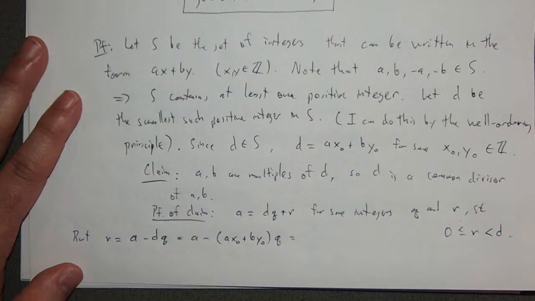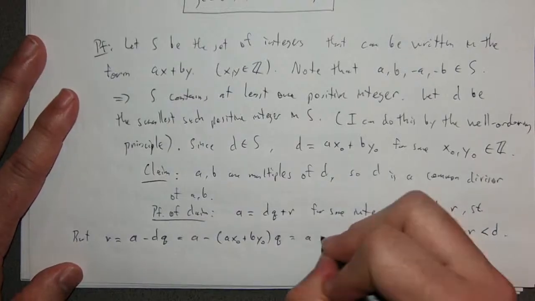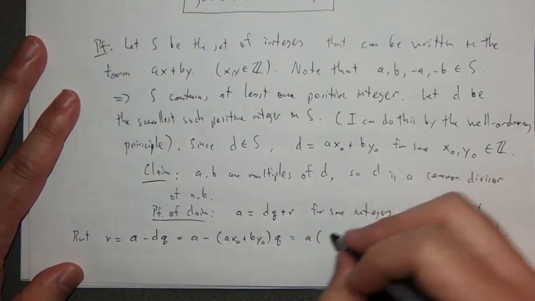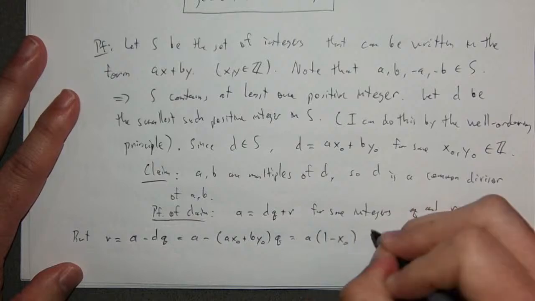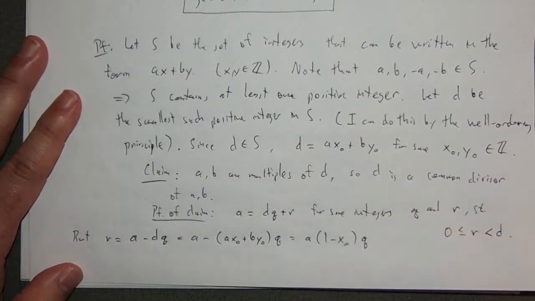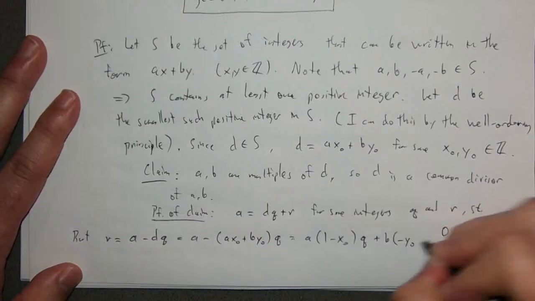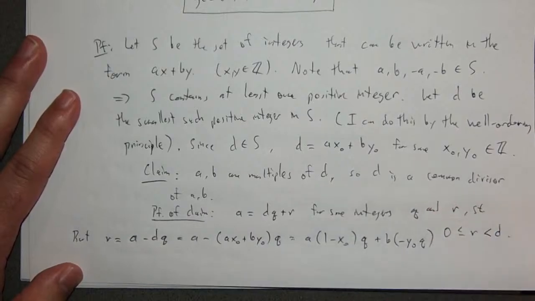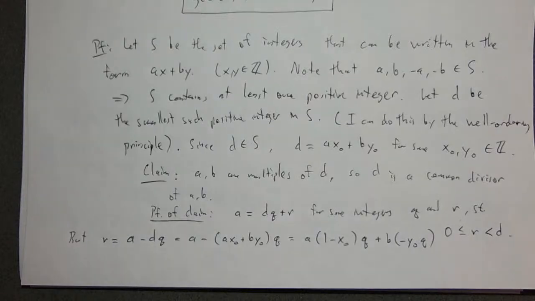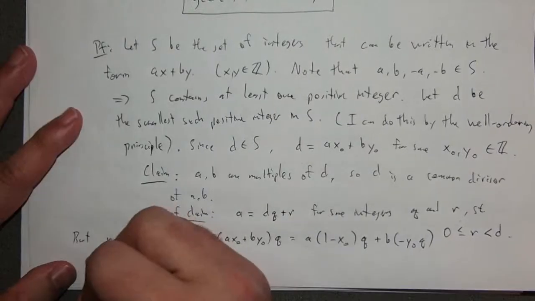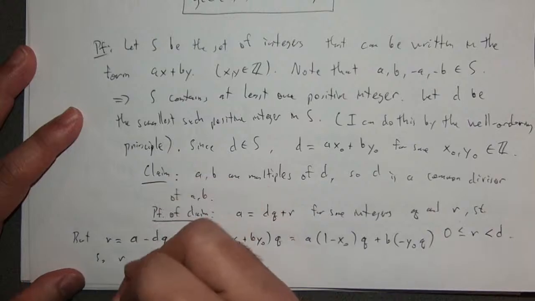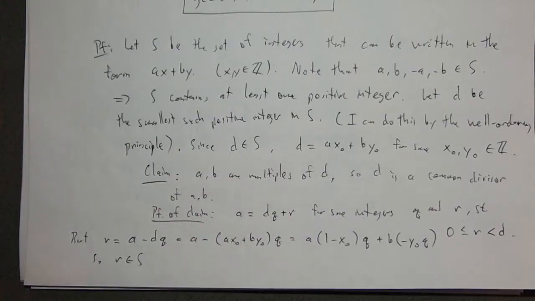So grouping terms, this is a times (1 minus x naught times q) plus b times (minus y naught q). So r is in S.